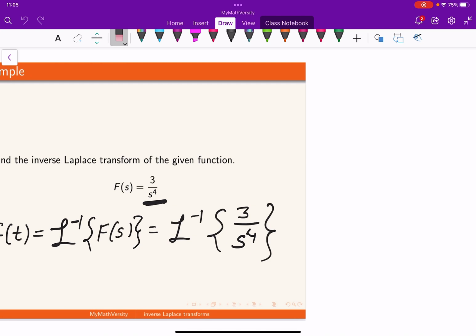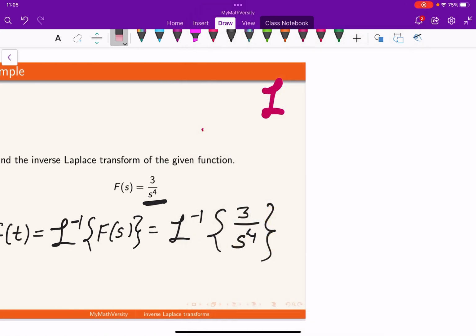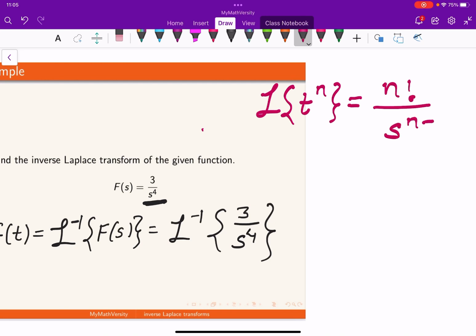If you scan through the table, you should be able to see one of the formulas: the Laplace transform of t to the power n is given as n factorial over s to the power n plus 1.